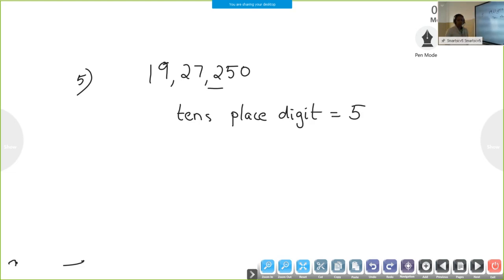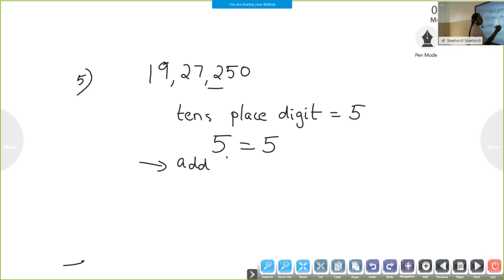Now the rules start. We identify the hundreds place and the tens place. The hundreds place we already underlined because we need to round off to the hundreds place. Then you go for the tens place digit. If the tens place digit is equal to or greater than 5, here it is equal to 5, then what is the rule?